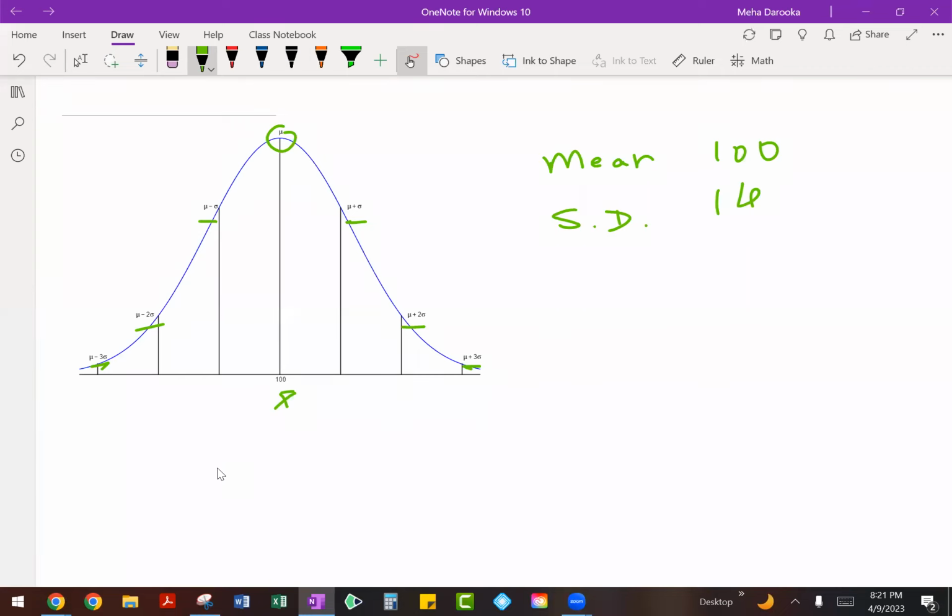Additionally, you will also notice that even if you are at 3 standard deviations above or below the mean, you still have a little bit of tail area left behind. You can see it's going to be these little areas after that 3 standard deviations above or below.